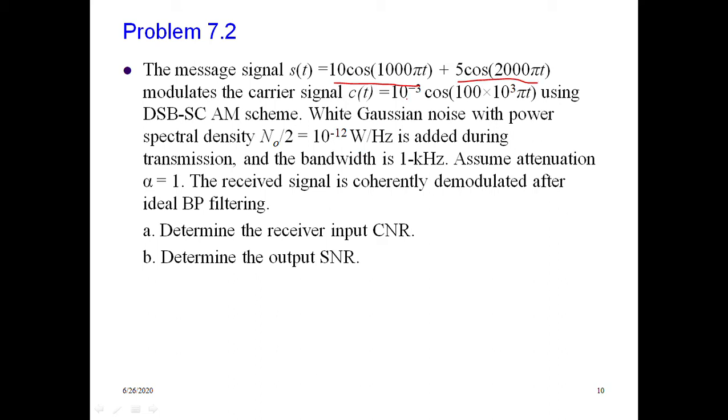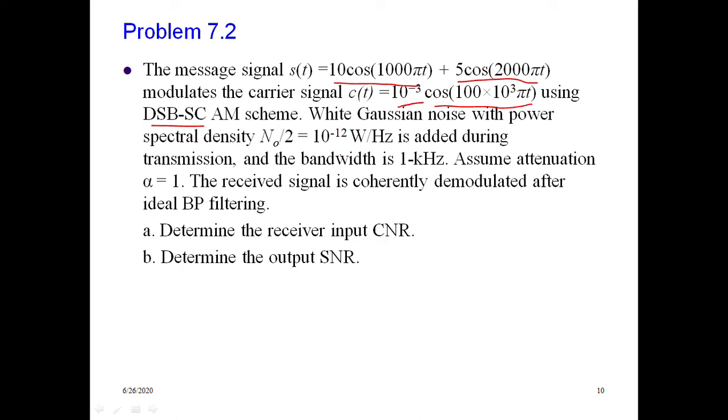The carrier amplitude AC is 10 to the power minus 3, and the signal is cos with AC, 100 times 10 to the power of 3 is the FC, pi t, actually omega c, so you have to divide by 2 pi, omega equivalent to 2 pi f, using the DSB-SC scheme.